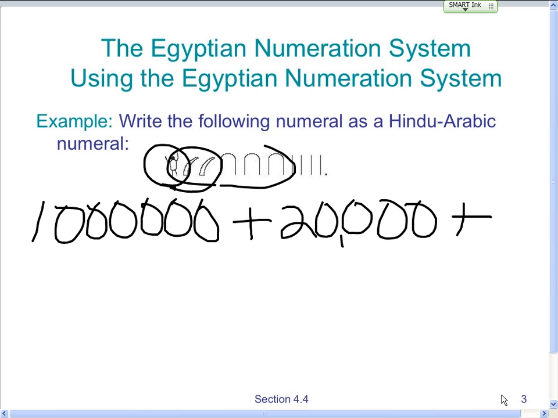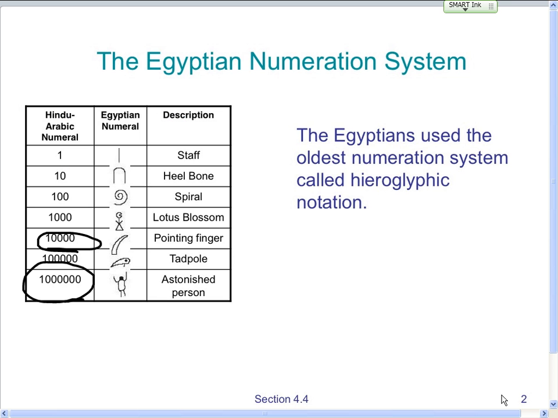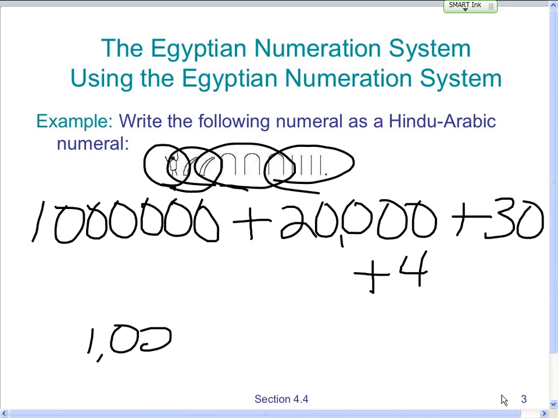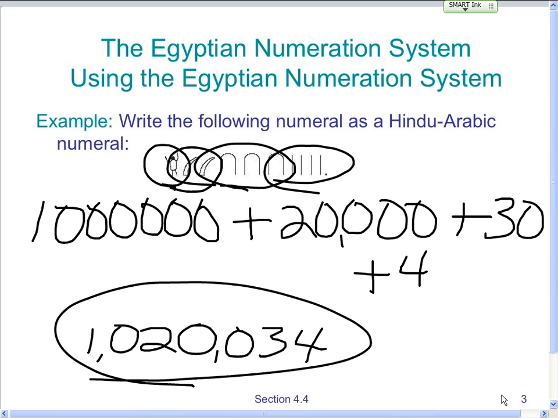Plus three of these, and those each represent 10, so that's 30. Plus, and those each represent 1, so that is 4. You add those numbers up. Let's see, 1,020,034, and done. You don't need to worry about place values.